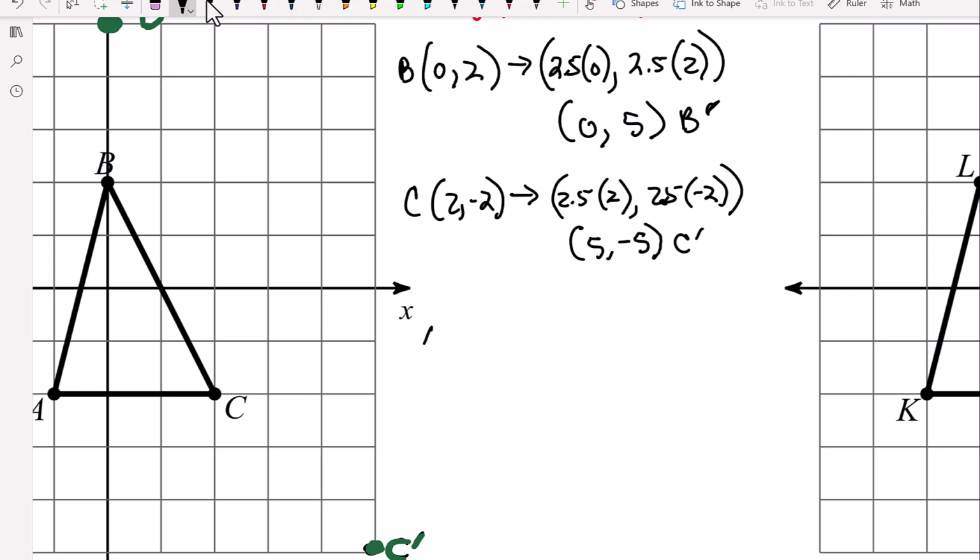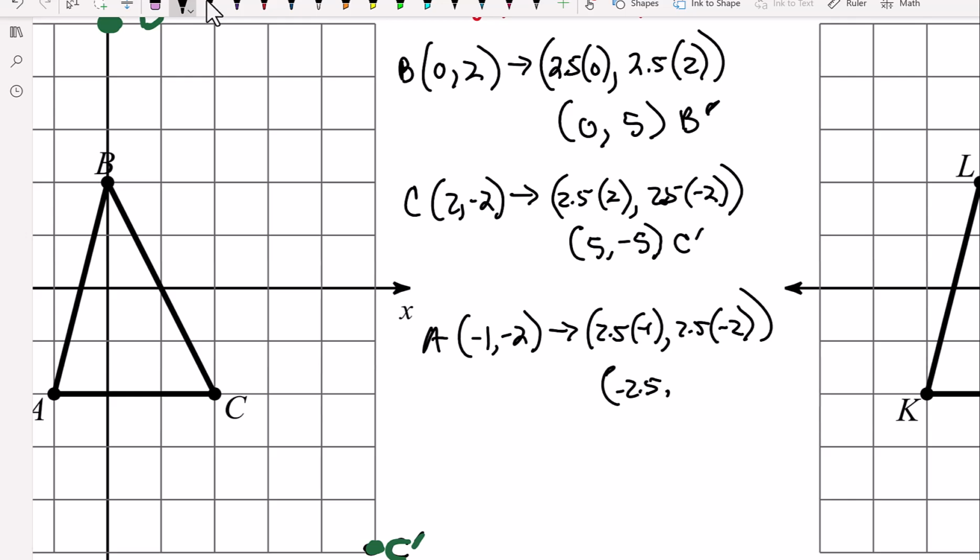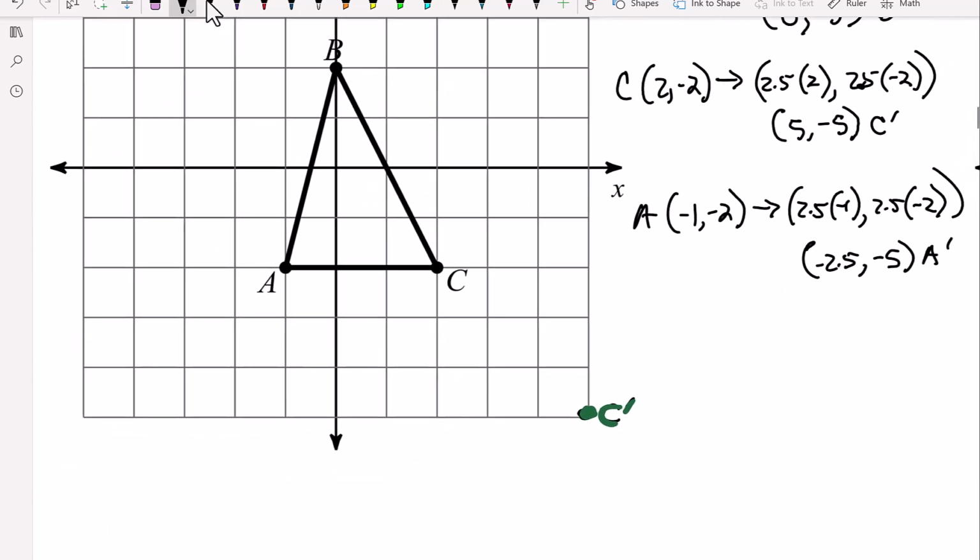All right, and now let's do A. That's it. Negative 1, negative 2. Multiply 2.5 times negative 1, and 2.5 times negative 2. And that gives us negative 2.5, negative 5. And that will be A prime. So right about there will be the A prime.